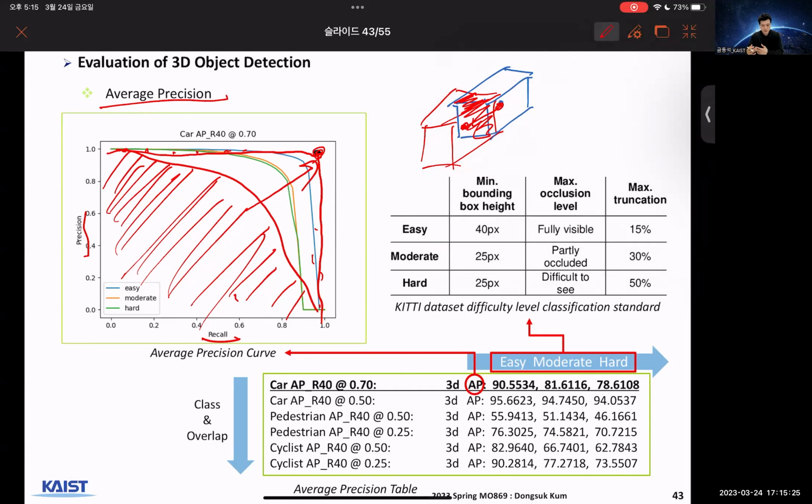Okay, so there are different ways of evaluating object detection performance.